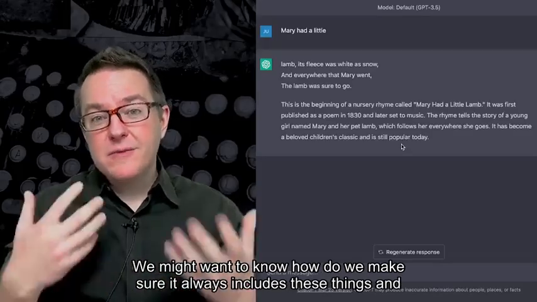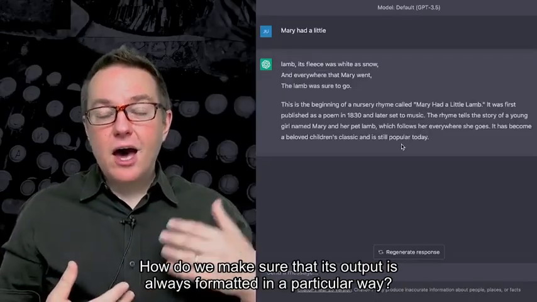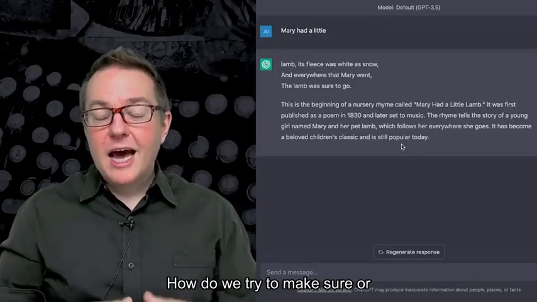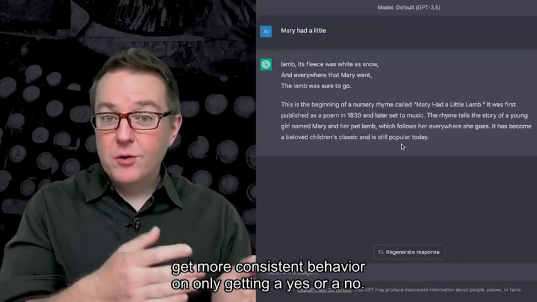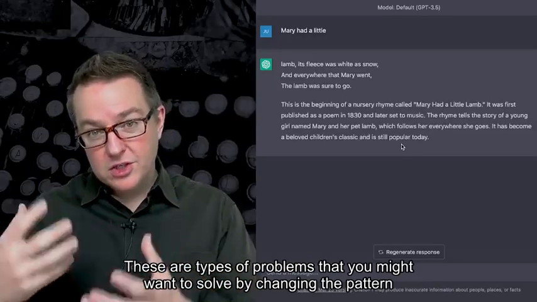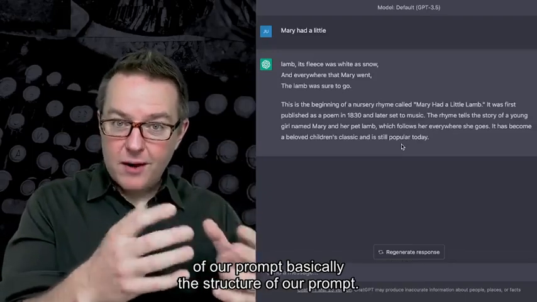How do we make sure it always includes these things in its output? How do we make sure that its output is always formatted a particular way? How do we get more consistent behavior on only getting a yes or a no? These are types of problems that we might want to solve by changing the pattern of our prompt, basically the structure of our prompt.